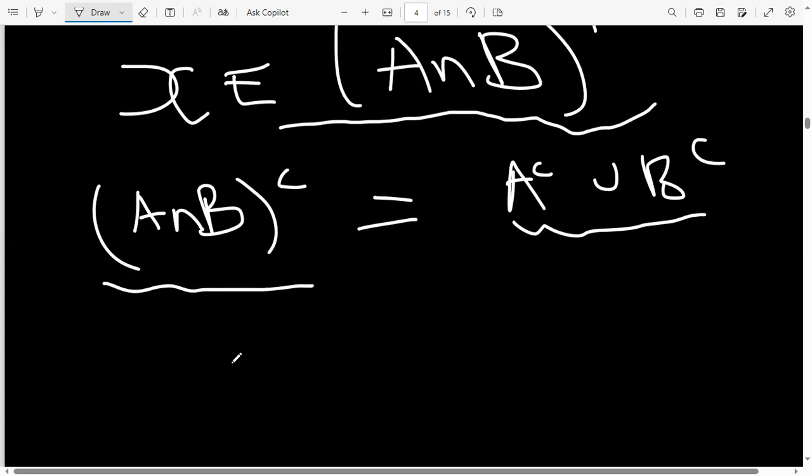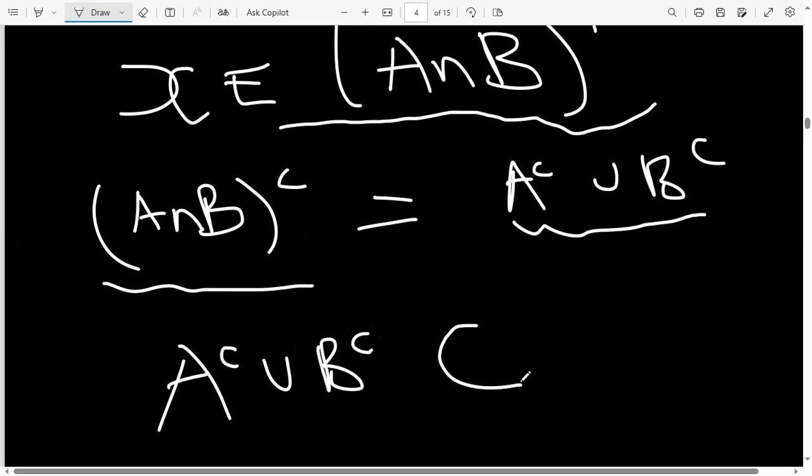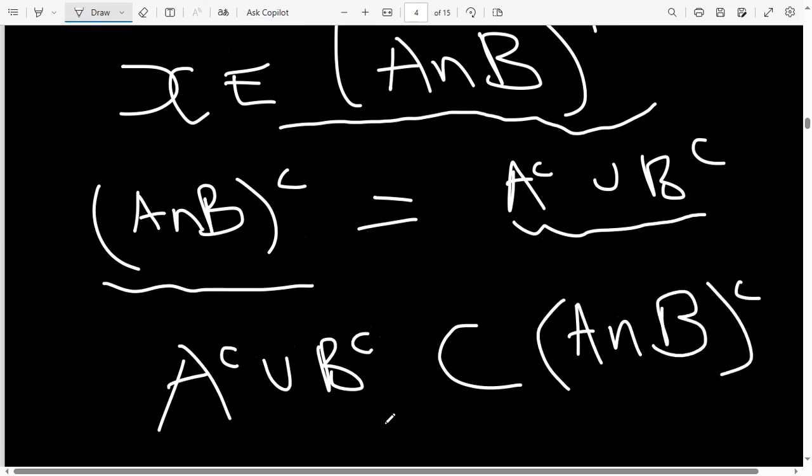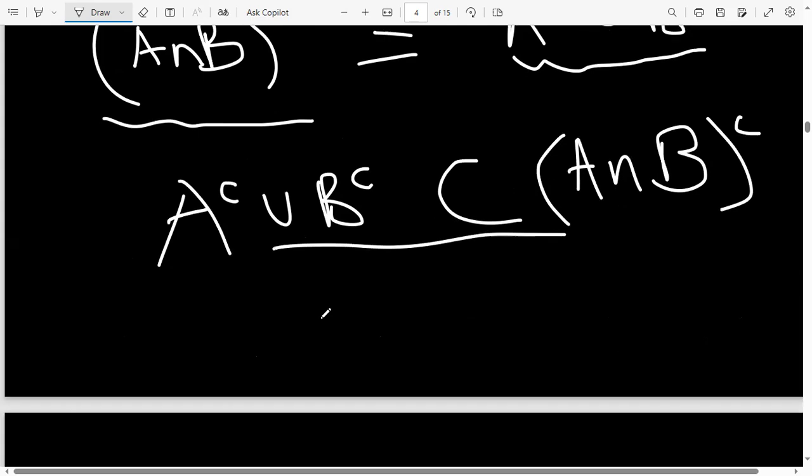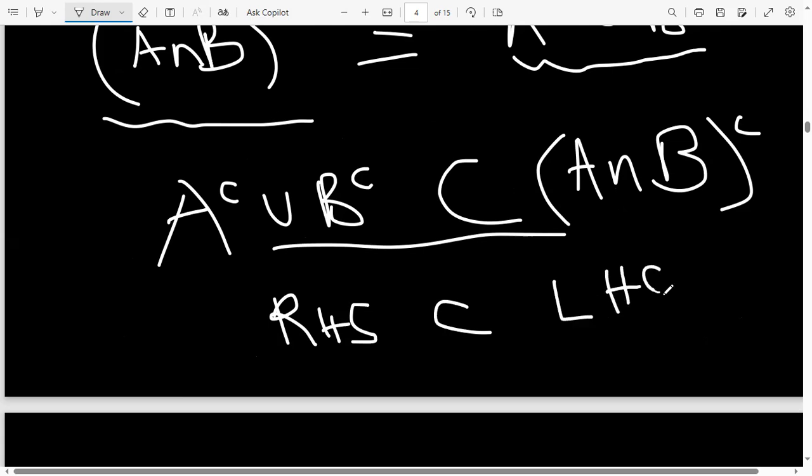What does that mean? It means that A complement union B complement is actually a subset of A intersection B with the complement outside there. So we've shown that the right-hand side is a subset of the left-hand side.